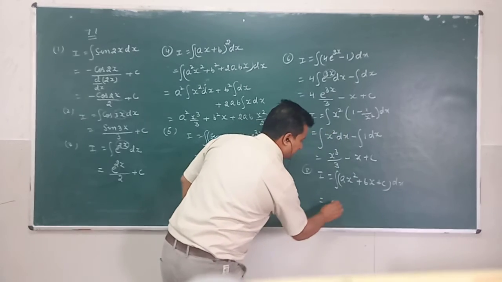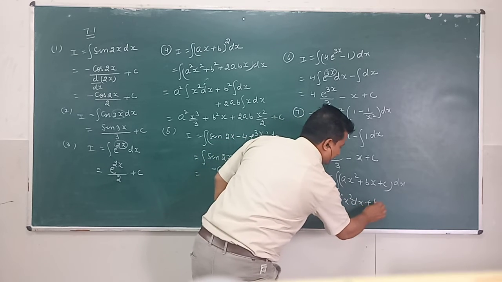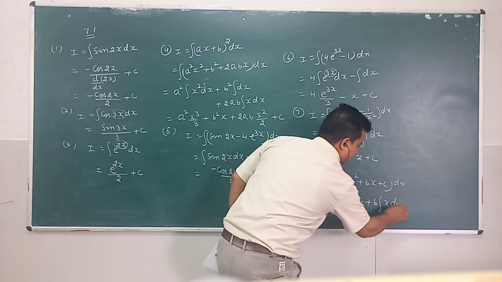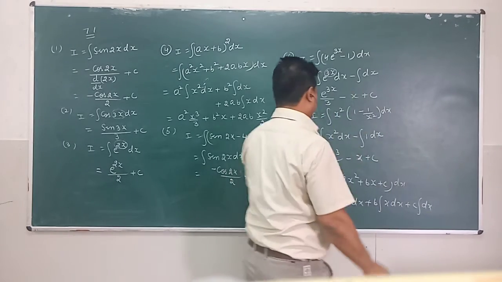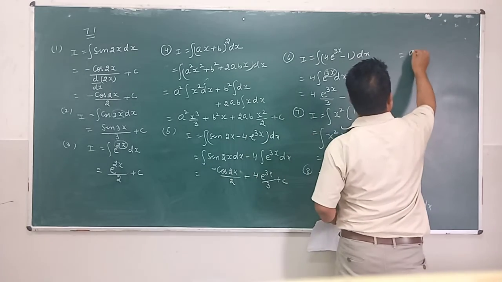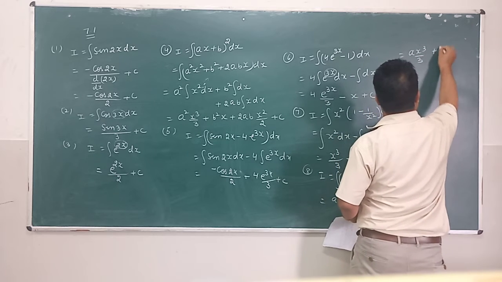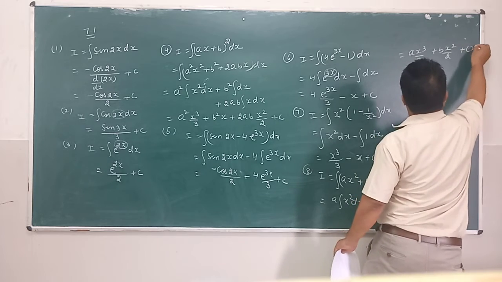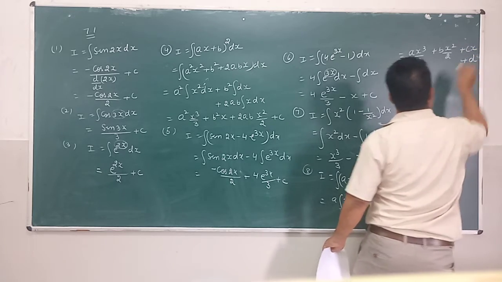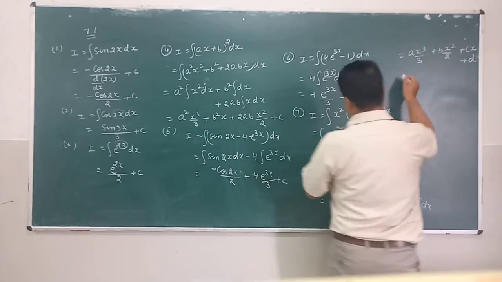When we separate these terms, they become a x square dx plus b into x dx plus c into dx. So integration of x square is x cube by 3, integration of x is x square by 2, integration of dx is x, and d is the constant of integration.